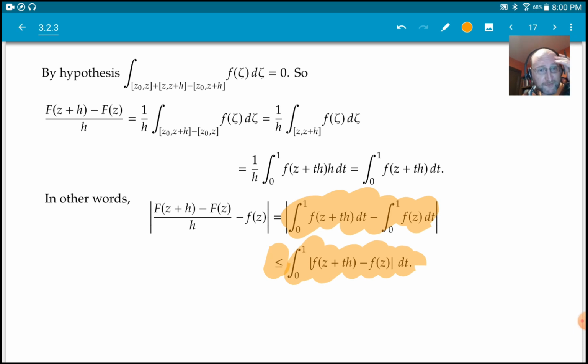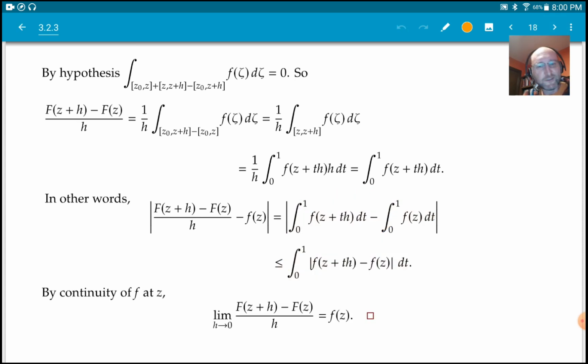Now, the thing is that this h, I'm trying to let h go to 0, really, right? So this is going to be a really small thing. By continuity of f, if I'm picking h very small, then this is going to be very small for any t between 0 and 1.